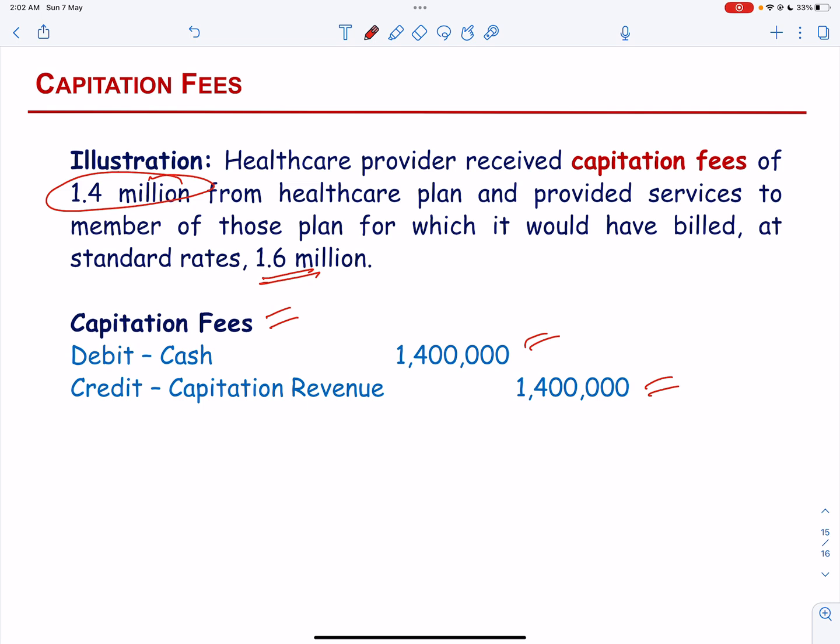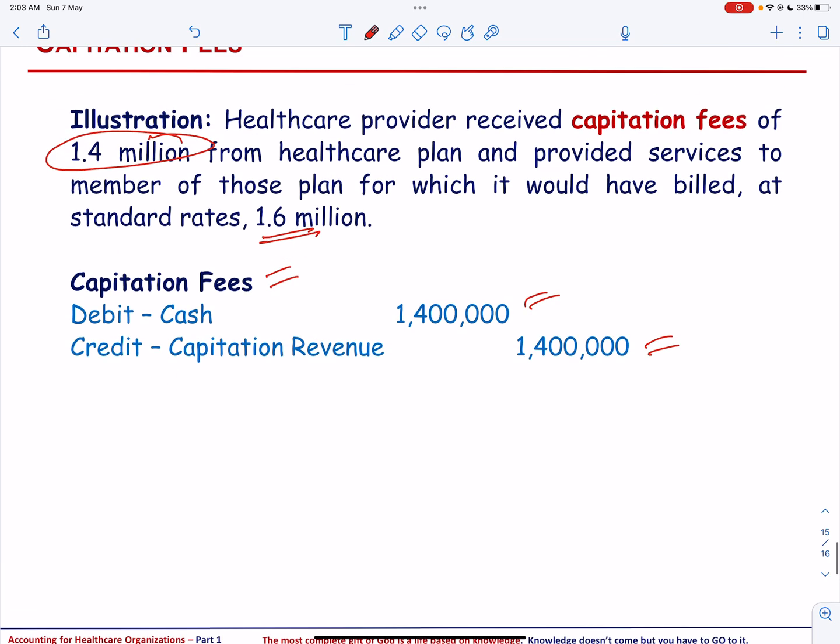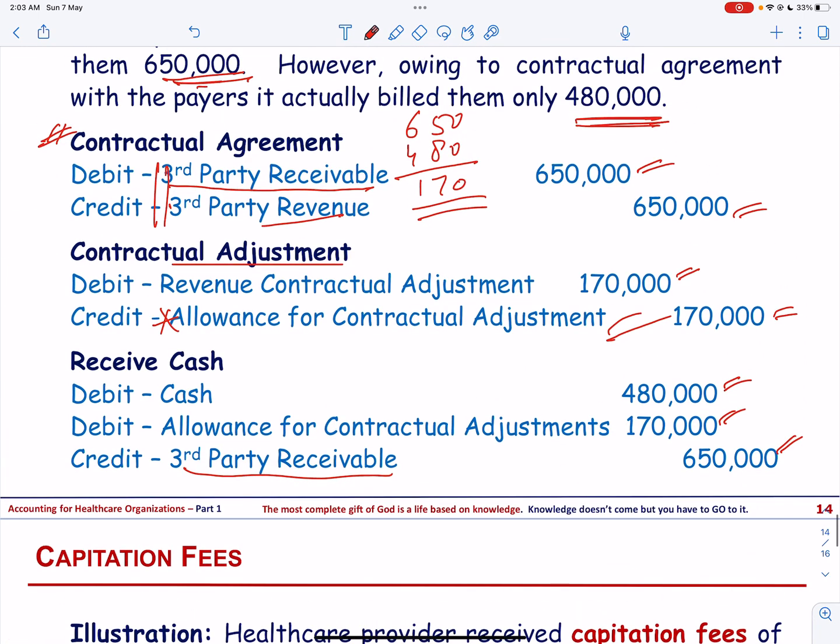Now there is no contractual agreement in this case, but if you can remember, when we had the contractual agreement, we made two entries, and then we recorded the cash received.